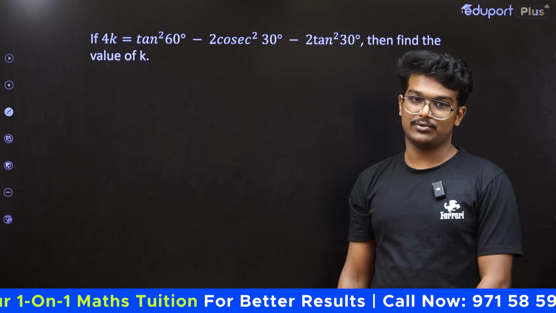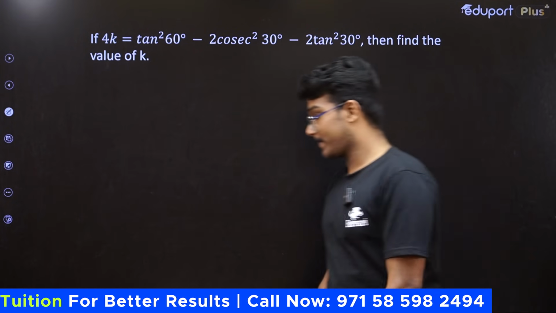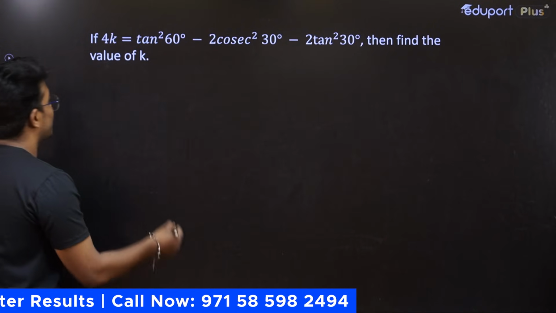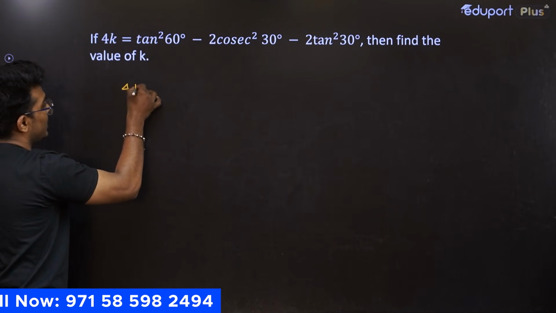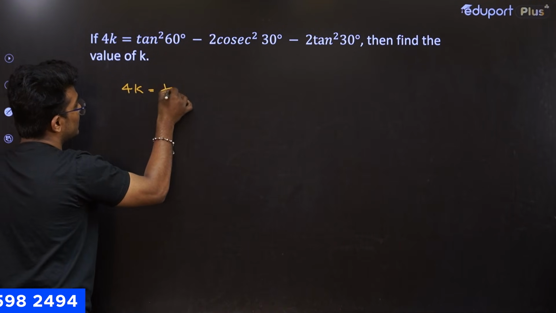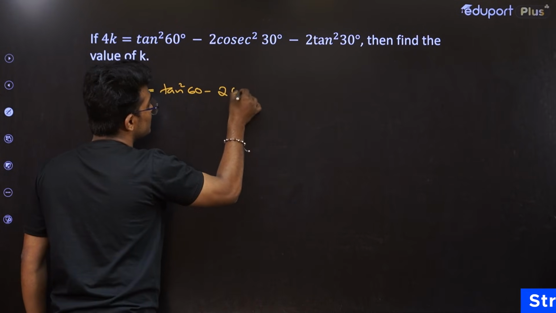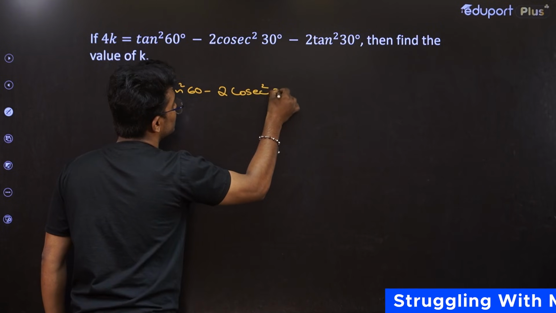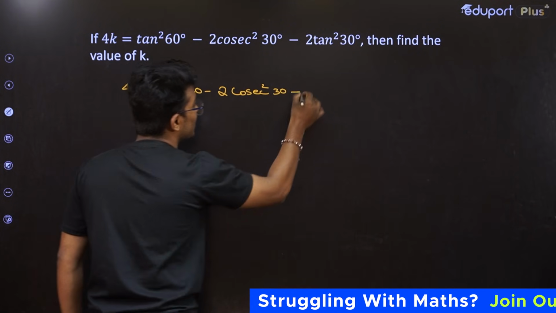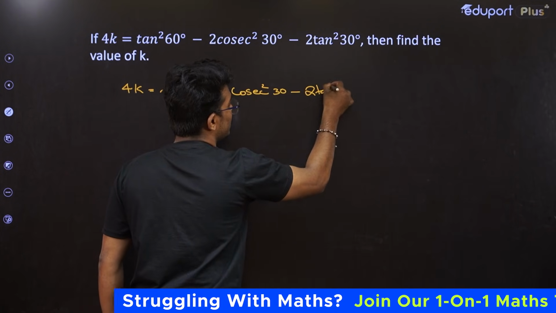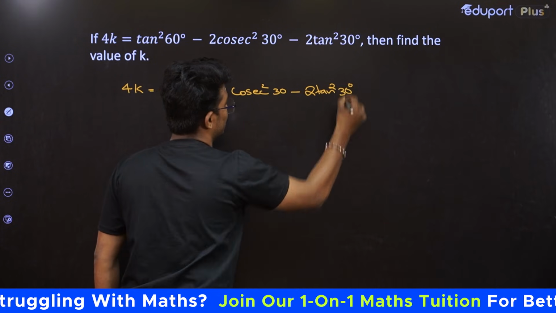I am repeating the question. We have to find the value of k. Okay, let's go. So first of all, I am writing this expression here. 4k is equal to tan square 60 minus 2 cosec square 30 minus 2 tan square 30 degree.